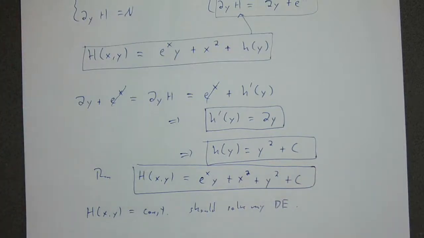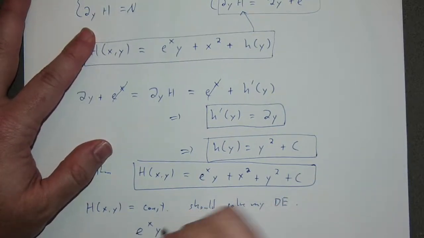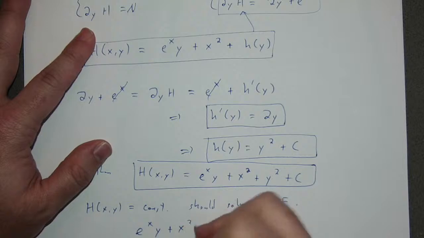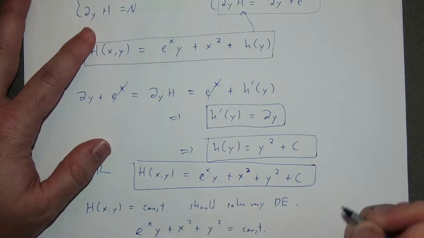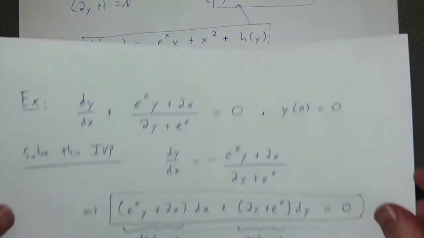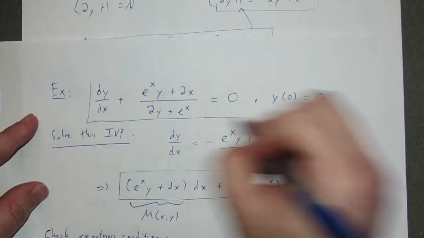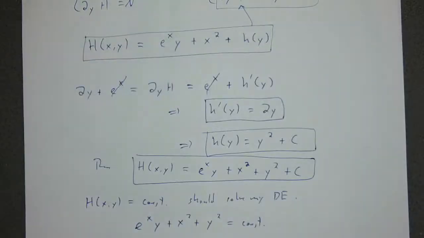Now, I'm not totally done here, so I'm going to set this equal to constant, but I'm going to impose my initial condition. So let's impose my initial condition. Let's remember what this thing was in the first place. The differential equation is this thing, and y of 0 is 0.